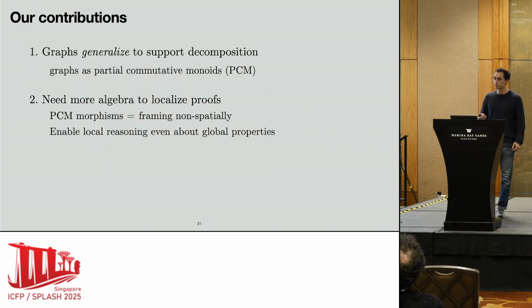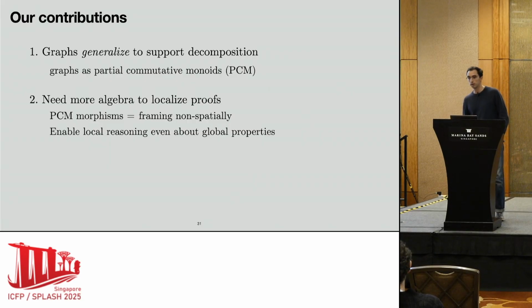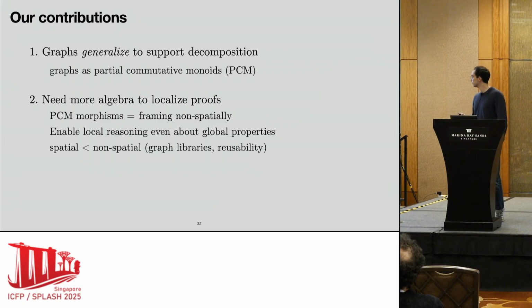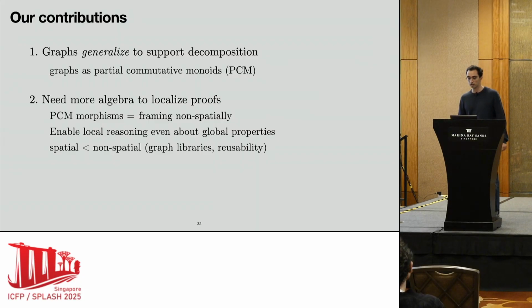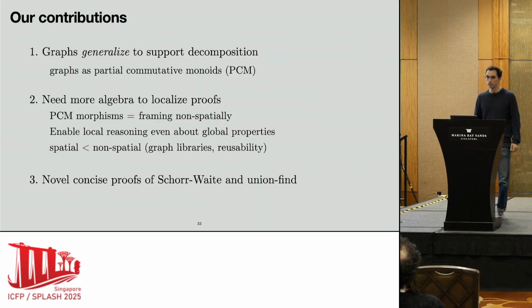This will enable us to localize reasoning even about what are usually referred to as global properties. This will shift most of the reasoning from the spatial heap level to the mathematical non-spatial level, where graph libraries can be constructed and reused. This will lead to new and concise proofs of both benchmarks, Schorr-Waite and union-find.